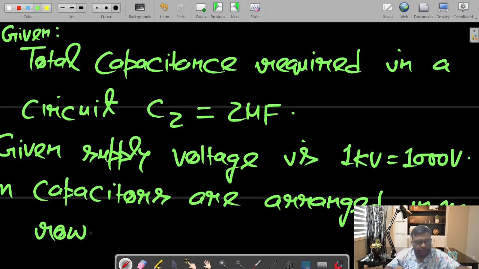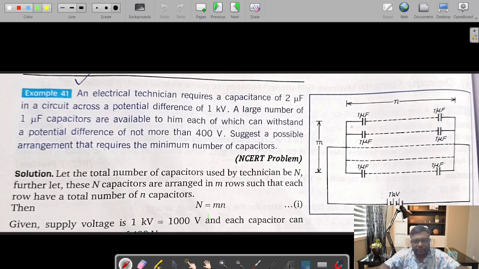If you see the circuit diagram here, n capacitors are arranged in m rows. Just see, this is the first row, this is the second, this is the third, and we don't know how many rows there are. Just a general description is given in the figure: small n capacitors in m rows. So we will proceed for the solution.